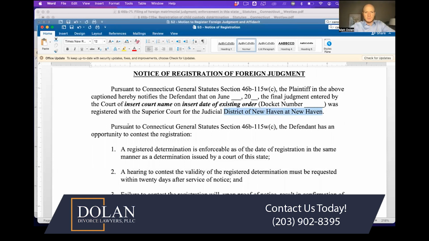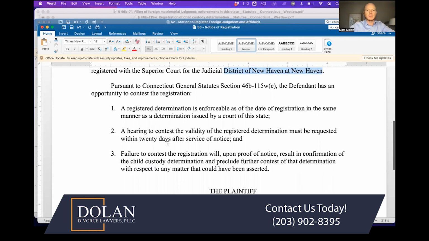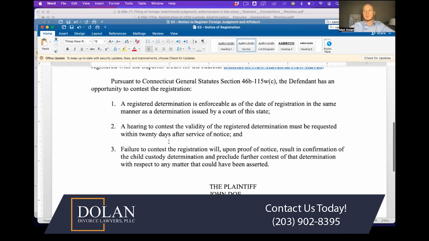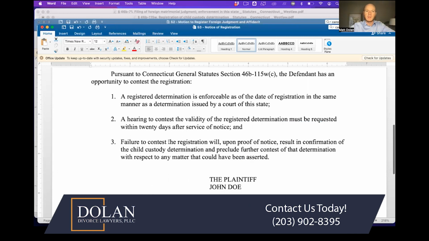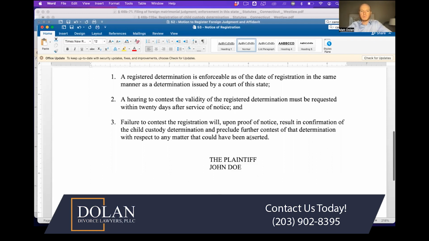And then you're just going to include the standard language that pursuant to the section, the registered determination is enforceable as of the date of registration. A hearing to contest the validity of the registered determination must be requested within 20 days after receipt of service, and that failure to contest the registration will, upon proof of notice, result in confirmation of the child custody determination and preclude further contest of that determination with respect to any matter that could have been asserted.